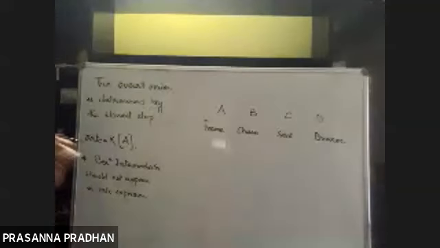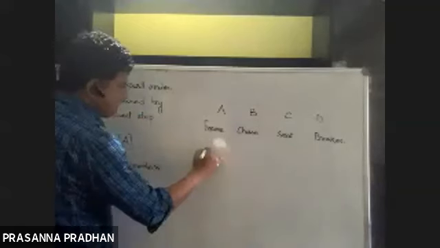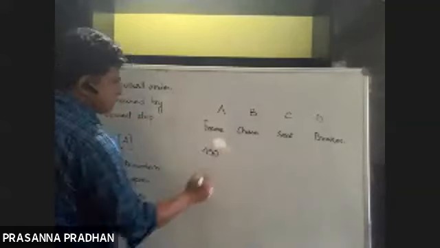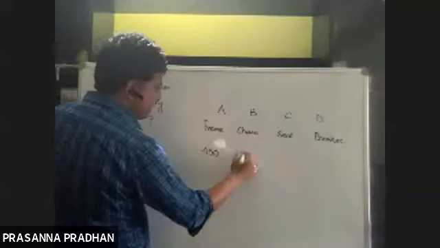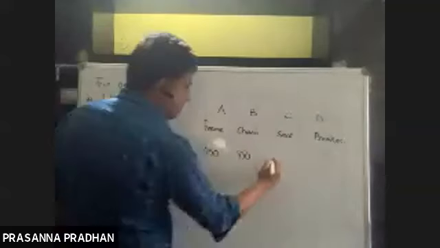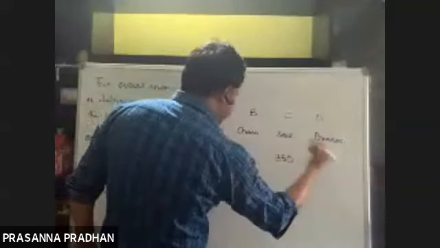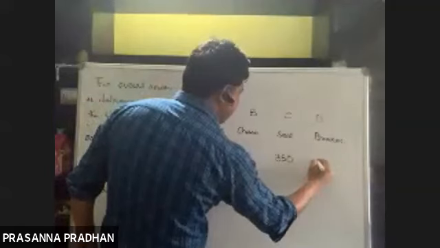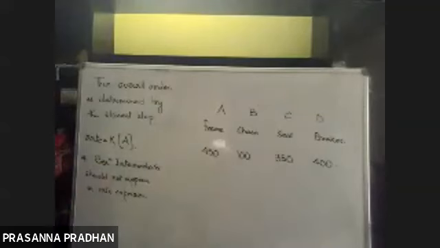In a day, A produced 450 frames. B was quite sluggish; he manufactured only 100 chains. C was a hard worker, 350. And D produced, say, 400 brakes. So these were the parts produced in a single day.